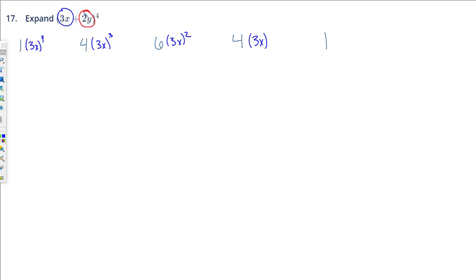On my second term, I start without any, and then 2y to the first, 2y to the second, 2y cubed, 2y to the fourth. There is a plus sign in between, so that means all of them are addition. You could have also put it all as addition and just make sure you take the sign with you as you go to the next one if you want.